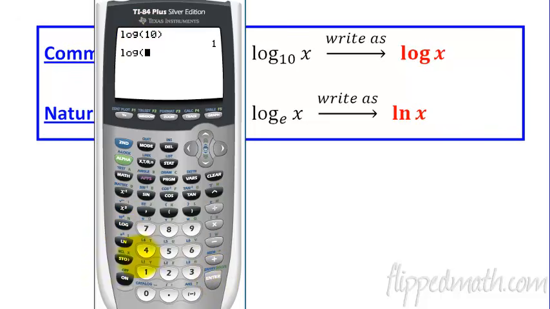Or if I do log of 100. Think about that. If the base is 10, 10 raised to what power gives you 100? It's 2. So that would be a 2. Same with natural log. If I took the natural log and then did the letter e here, second division, then the natural log of e would also be the number 1 because the log is base e. Okay, hopefully that makes sense with common log and natural logs.